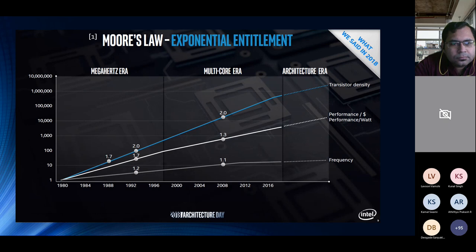If you were in the 80s and 90s, the way process used to scale, you used to be able to get that amount of scaling in terms of speed, power, performance, and whatnot. What this graph shows is the evolution of the PC industry, starting from the 80s all the way to 2016 and beyond. On the x-axis, you have time. The y-axis is the log scale. And we see three different parameters, primarily frequency, performance per watt, and transistor density.